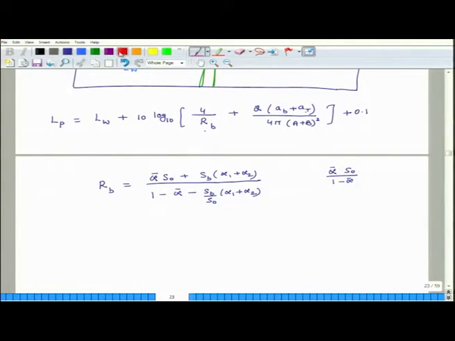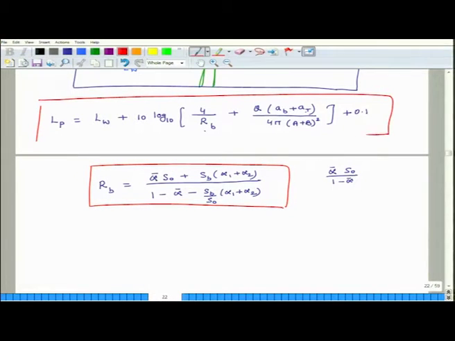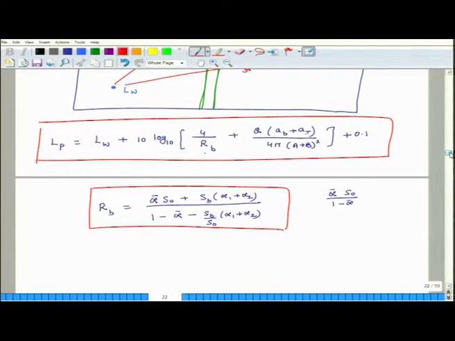So, first I compute RB, and after I compute RB, then I can use that RB to compute LP. So, this is there. I have to make a couple of other observations. This term is because of reverberations, because of repeated reflections.